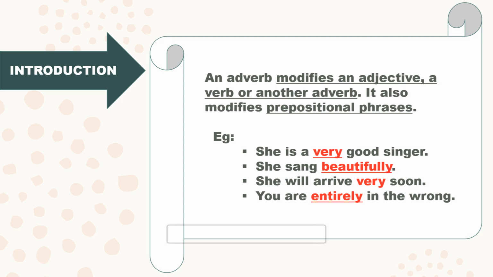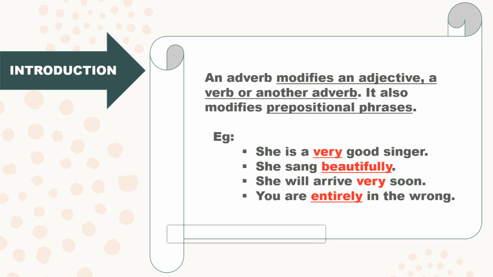Now, the second sentence, she sang beautifully. How did she sing? She sang beautifully. Here the word beautifully tells more about the word sang, and sang is a verb. So, in the second example, the adverb beautifully modifies the verb sang.